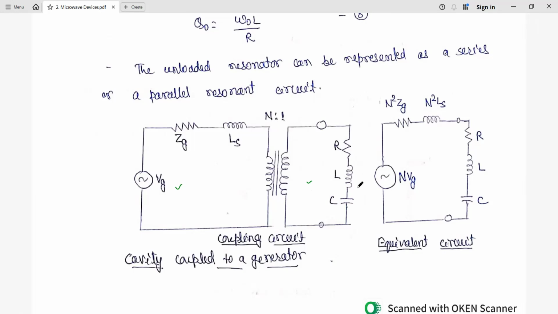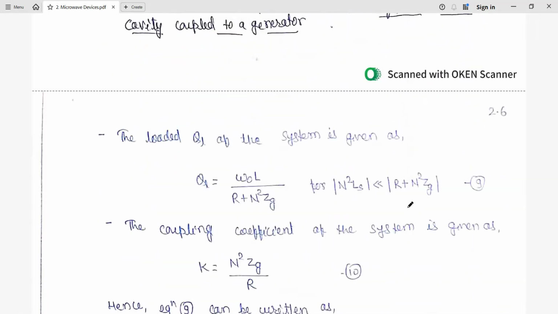This can again have an equivalent circuit diagram in this form. Here R, L, C are the same, so this portion is simplified. In place of the transformer, we have a factor N square multiplied here. This is the cavity coupled to the generator on the left side, and here we have the equivalent circuit.